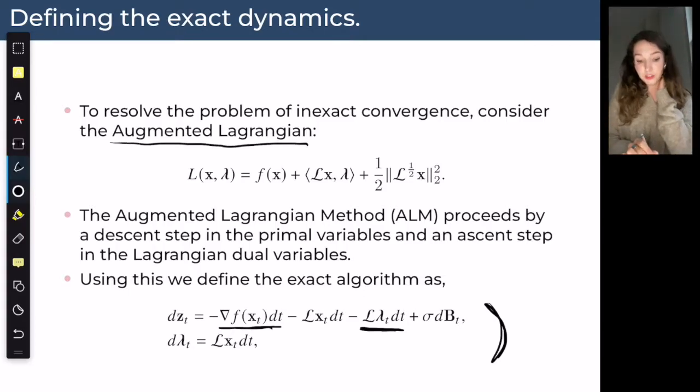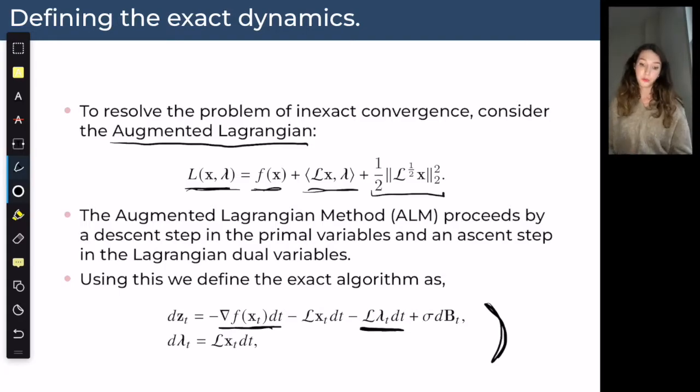So the augmented Lagrangian for our problem, we denote it by L, is given by f of x plus the product between Lx and lambda, plus 1/2 times the L2 norm squared of the Laplacian times x.